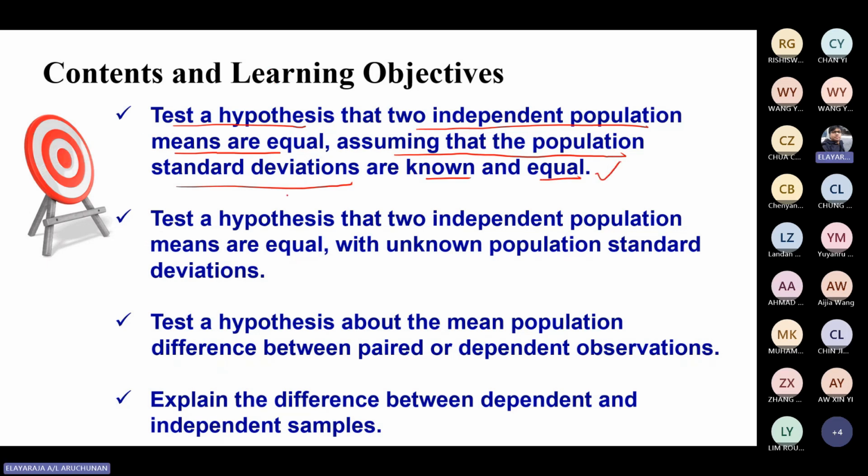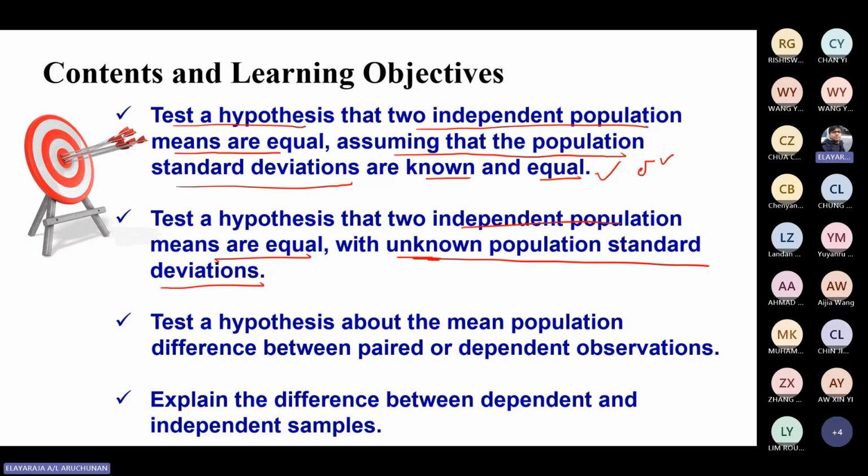And then we're going to do the test of hypothesis for two independent populations on the mean equal with unknown population standard deviations. So first we already know the population standard deviation, and for the next, we're going to calculate when the population standard deviations are unknown, how the analysis can be carried out.